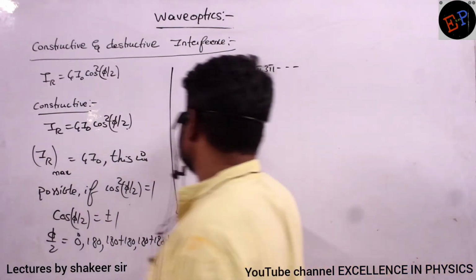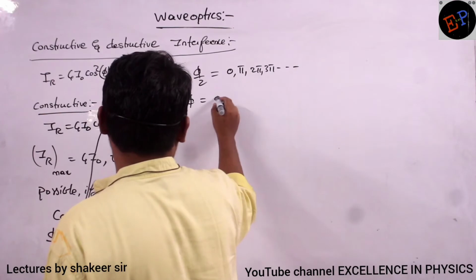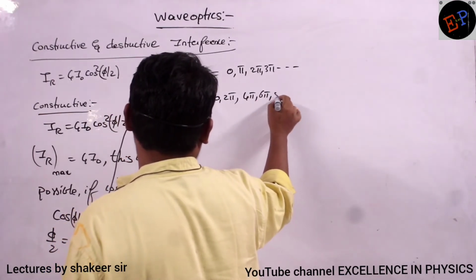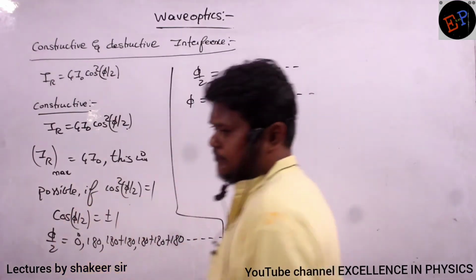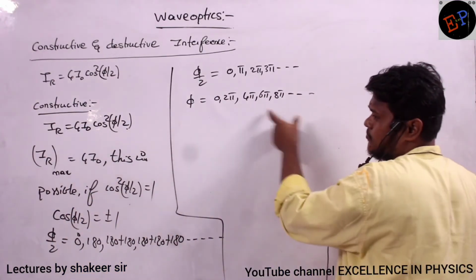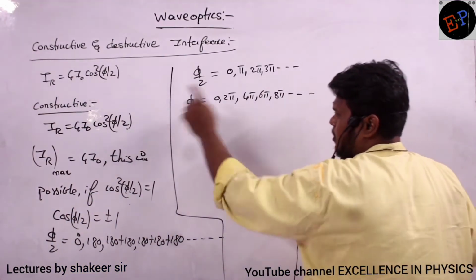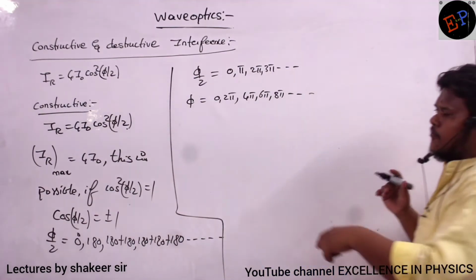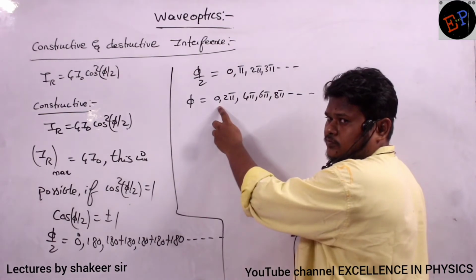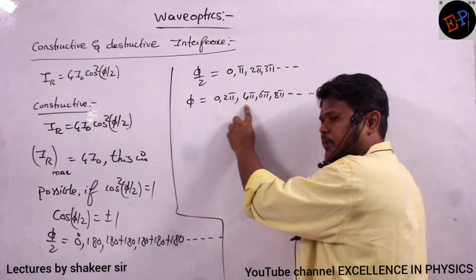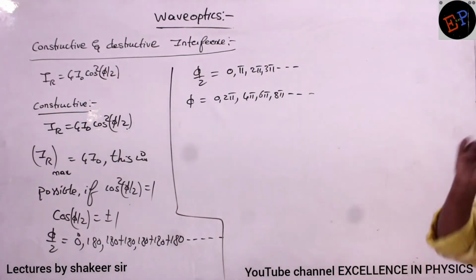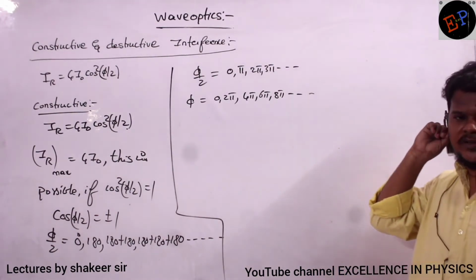The phase difference will be 0, 2 pi, 4 pi, 6 pi, 8 pi, and it goes on like this. For this phase difference between two waves, interference will be constructive. Phase difference should be either 0 or 2 pi, 4 pi, 6 pi, 8 pi. Then our interference will be constructive interference.